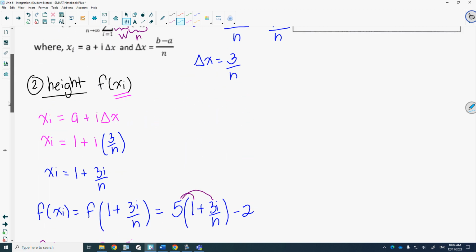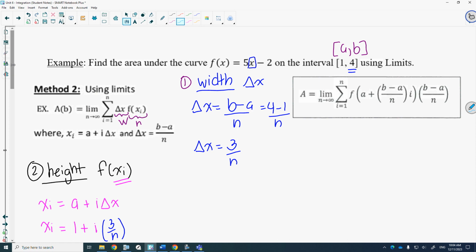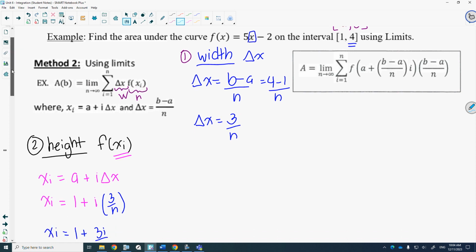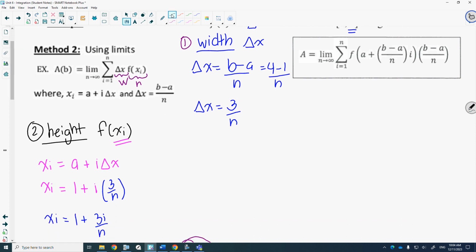Okay, so now in order to find the area from 1 to 4 using limits, we're going to go on to our third step, which is find the limit. Now, the area is going to be equal to the limit as n approaches infinity.